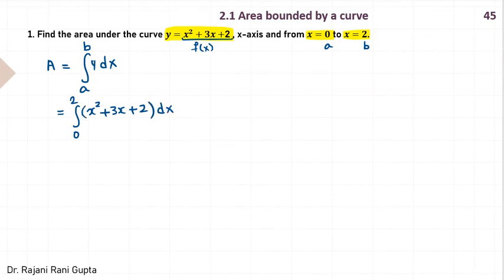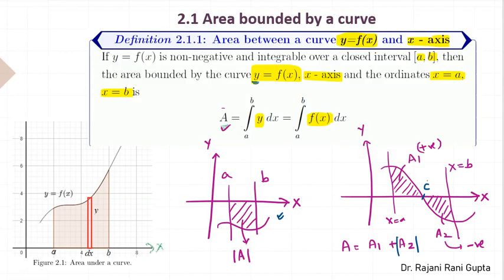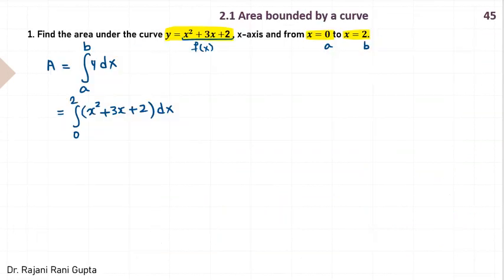Before moving forward, we have to check whether this curve has a point C, meaning, is it intersecting the x-axis in between or not? For that, you substitute your function as 0. So you get x² + 3x + 2 = 0.